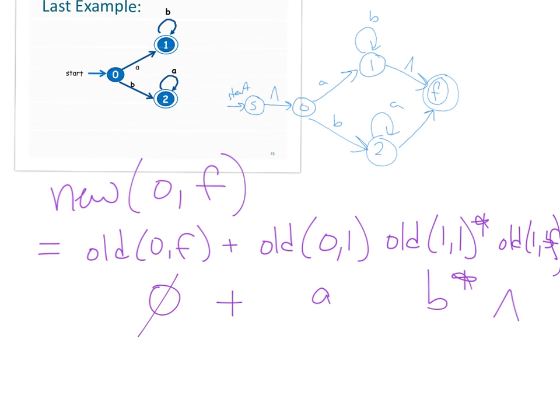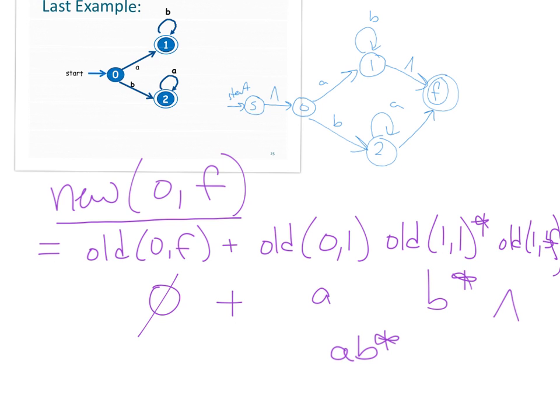So what we're going to do is take that A B star, and that's going to be the new path between 0 and F. Okay.